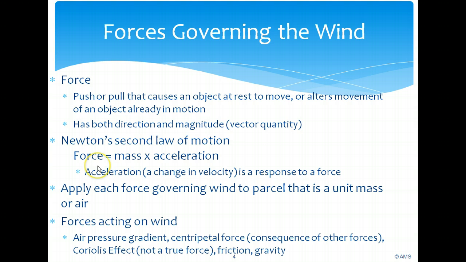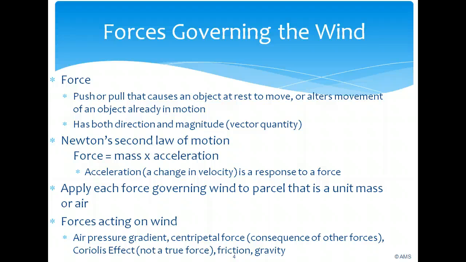In examining the various forces that govern the wind, it's useful to apply each force to a parcel that is a unit mass, for instance, a kilogram of air. Imagine that the wind is nothing more than a continuous stream of air consisting of discrete air particles.